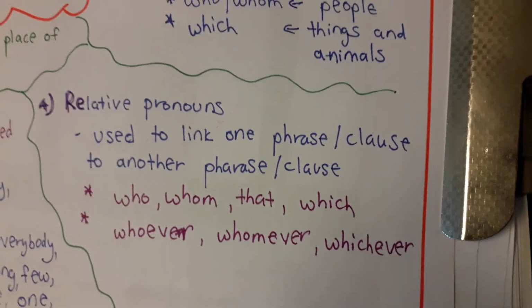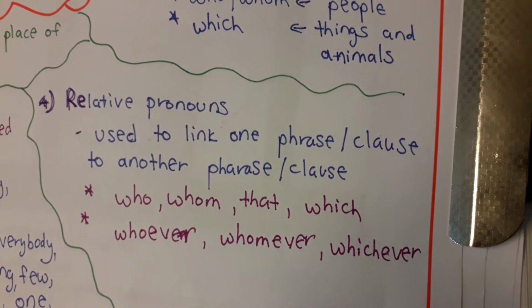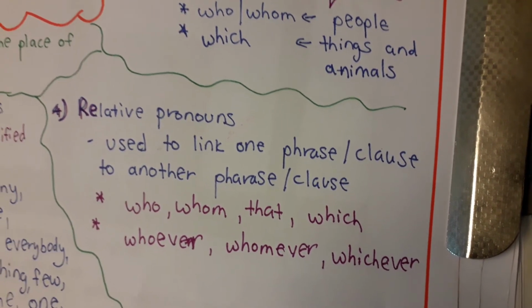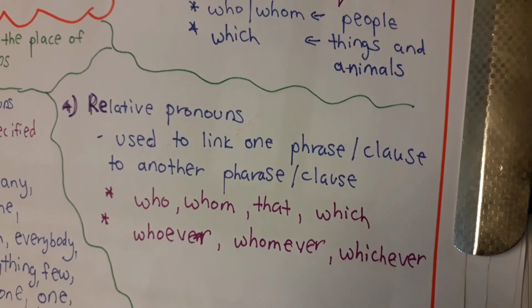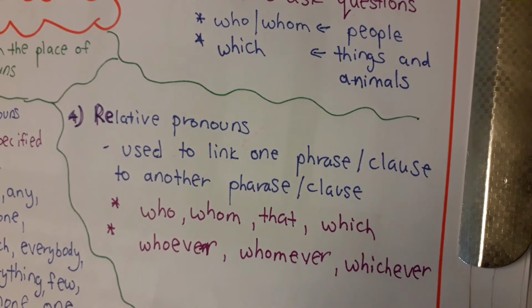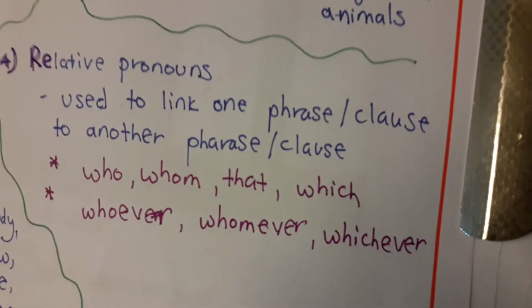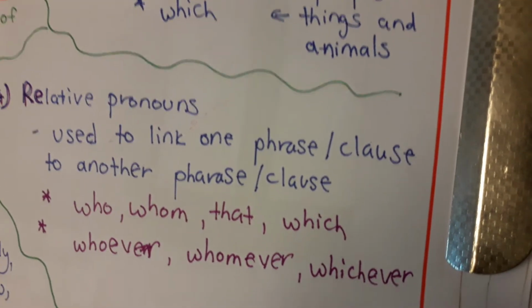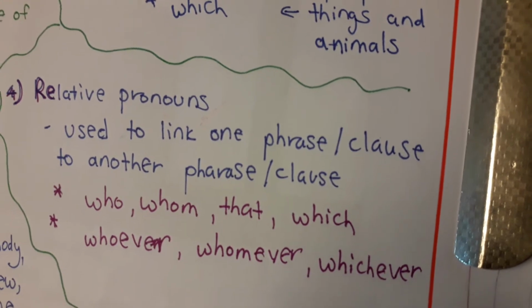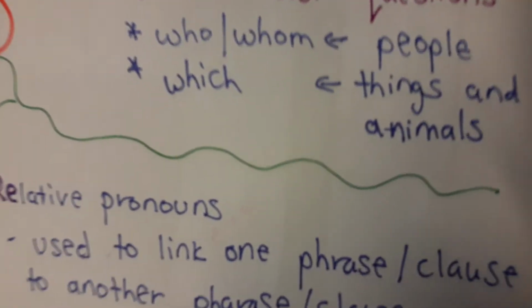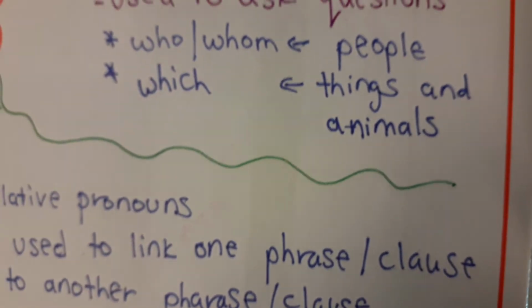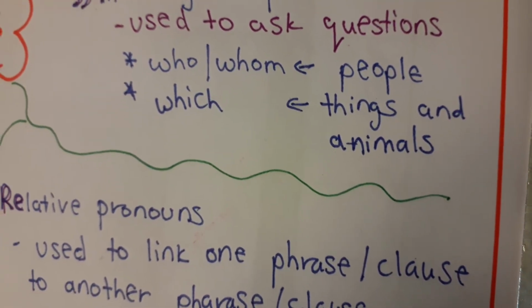Right, the fourth type of pronoun I want to tell you about are relative pronouns. This means their relationship to something else. They are used to link one phrase or clause to another phrase or clause. What is meant by phrase? Phrase means 2 or 3 words.